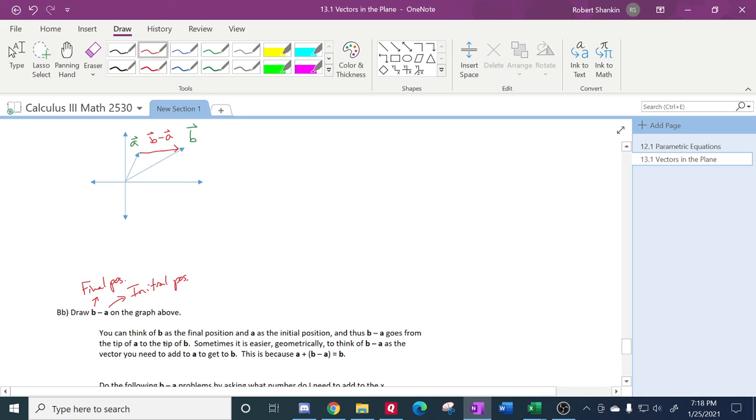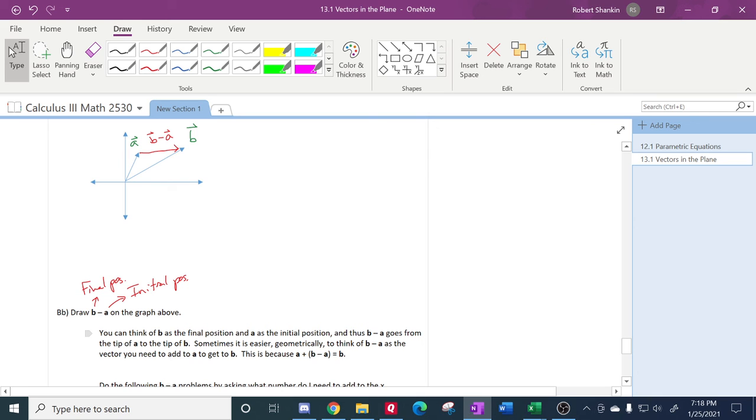Now it says you can think of B as the final position, A is the initial position, and thus B minus A goes from the tip of A to the tip of B. That's how we were thinking about it.